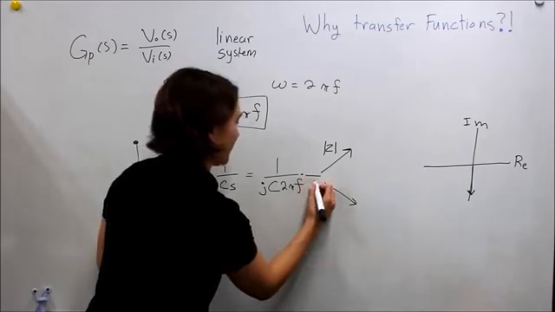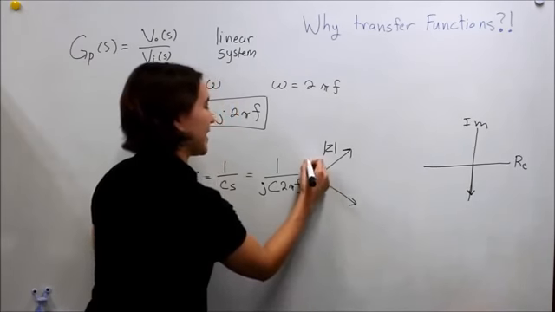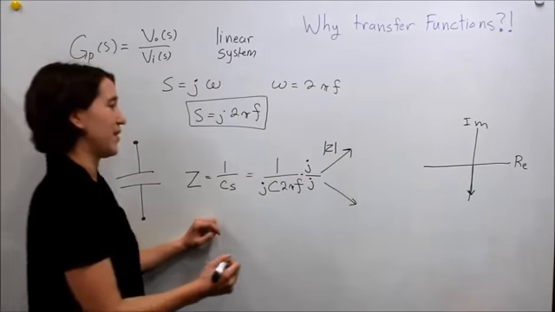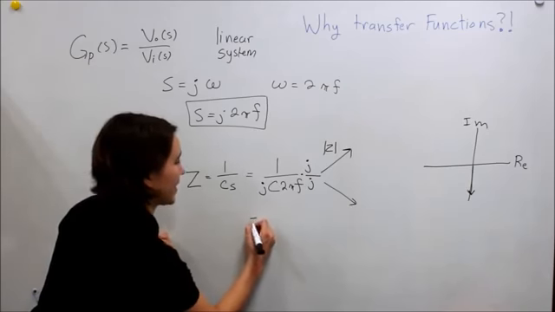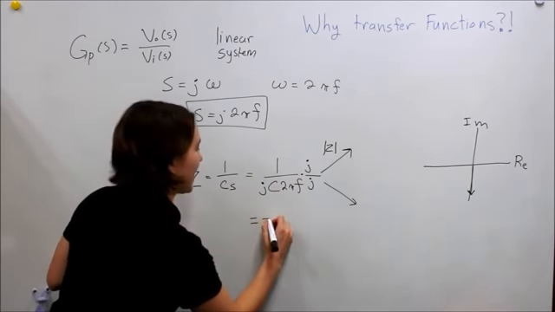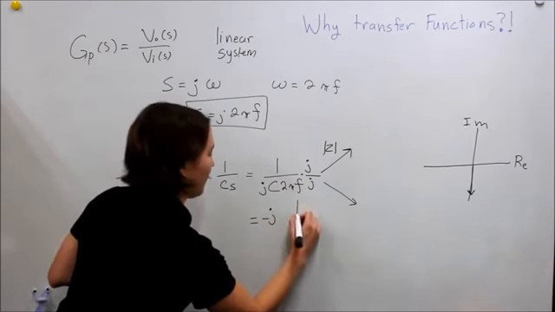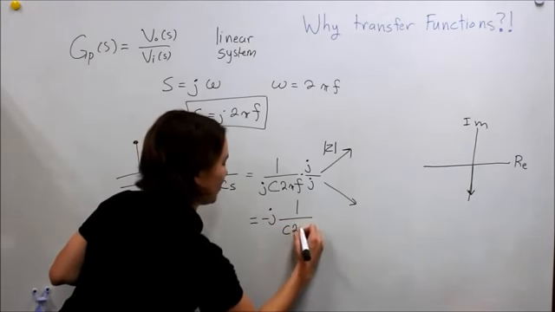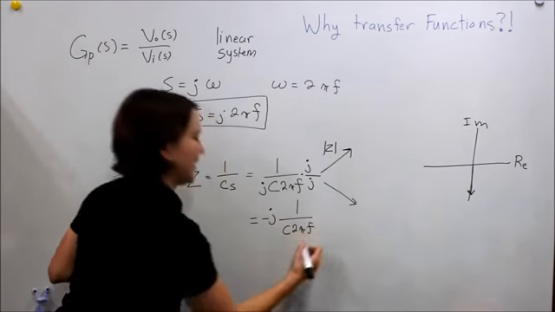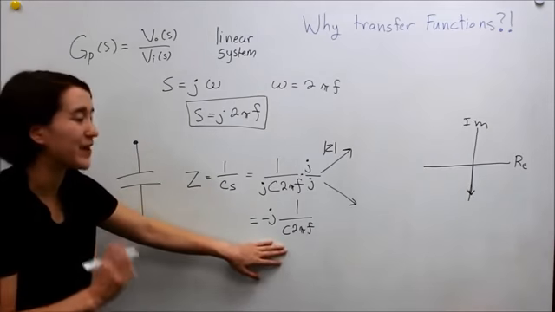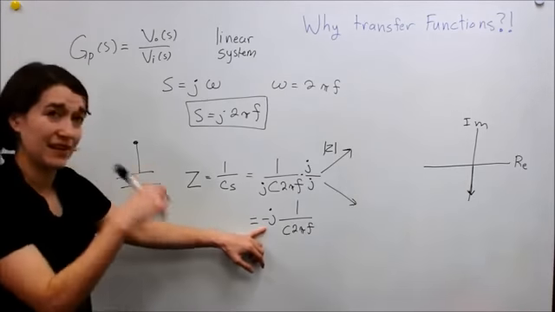We actually have to multiply it by j, and then we'll see that the expression goes to negative j 1 over C 2 pi f. So from here it's a little bit clearer that the j is actually in the negative direction.